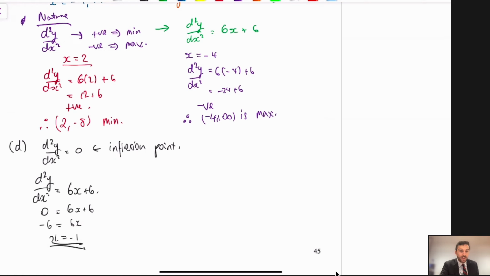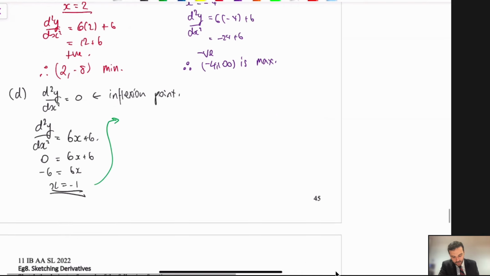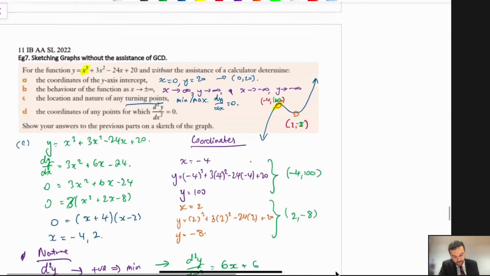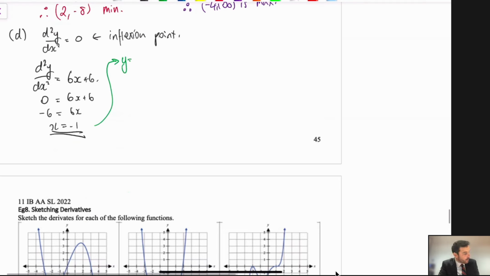So what we found here is that x is equal to negative 1. Okay. Now let's plug that into our original formula, that x is equal to negative 1. Okay. So y is equal to, and we've got this function up here. So negative 1 cubed plus 3 lots of negative 1 squared, take 24 lots of negative 1 plus 20, okay, and out comes 46.